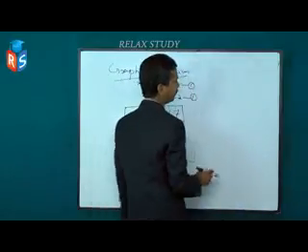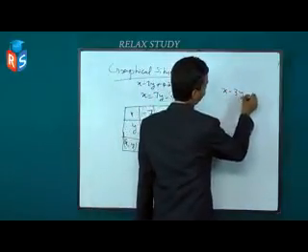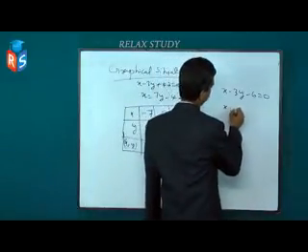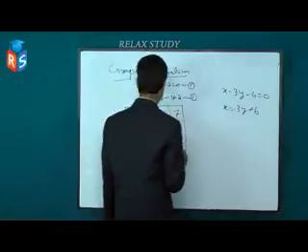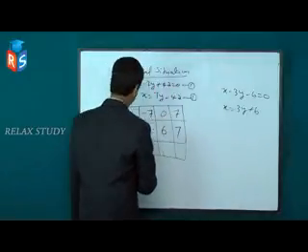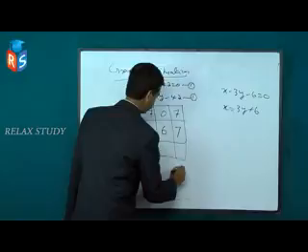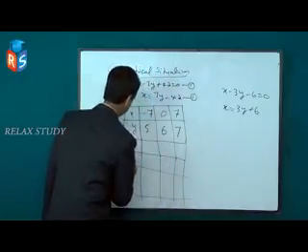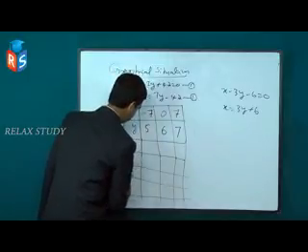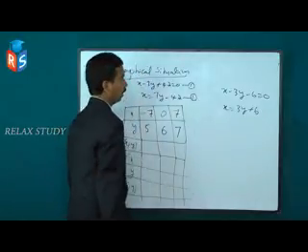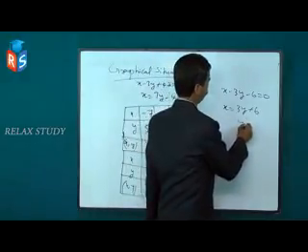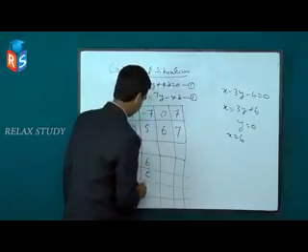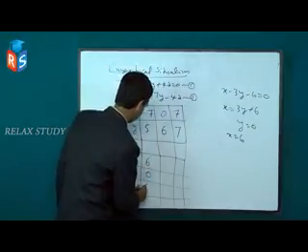Next, the second equation was x minus 3y minus 6 equals 0. From this I get x equals 3y plus 6. Here also I am making a table. Put y equals 0, then x equals 6. So the point is 6, 0.